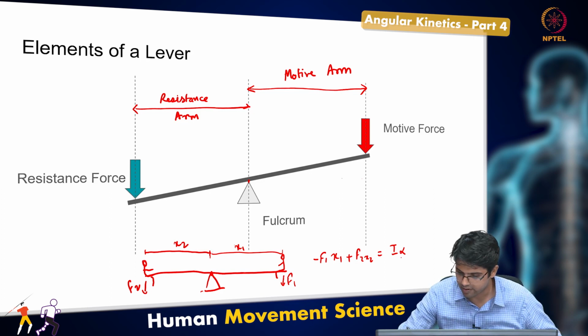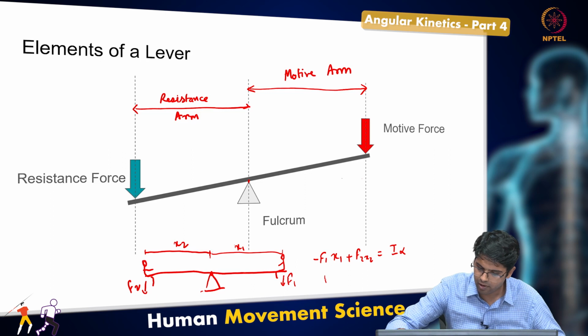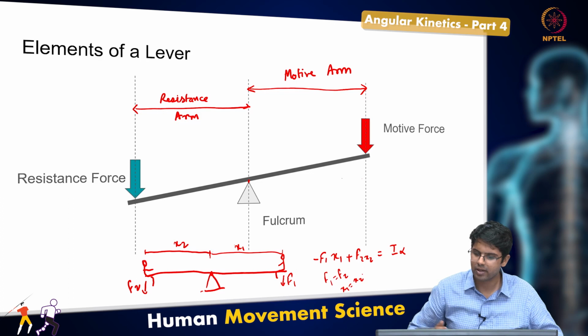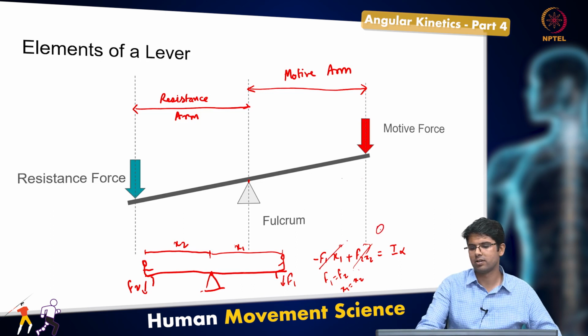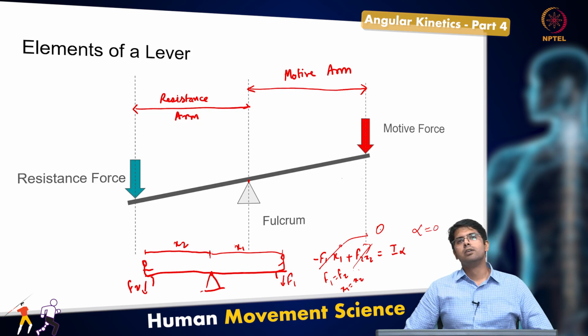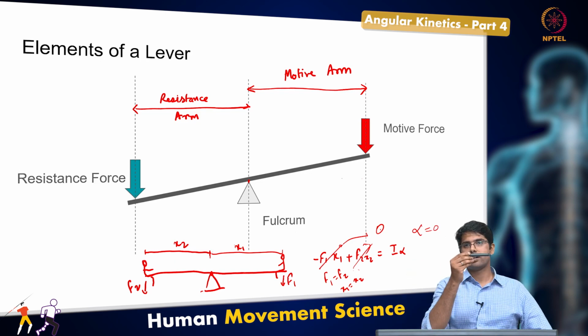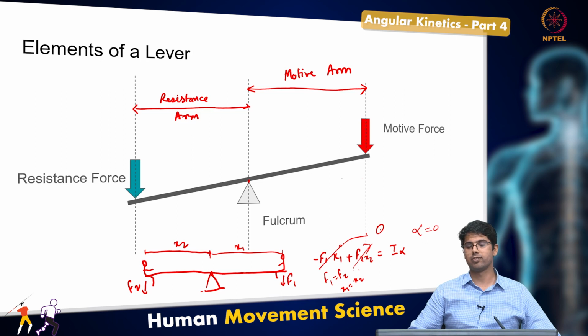Because F1 equals F2 and x1 equals x2, the left hand side becomes 0, so the angular acceleration is 0. If you were at rest in the beginning and not rotating, then this would stay perfectly still. That's the principle behind levers.